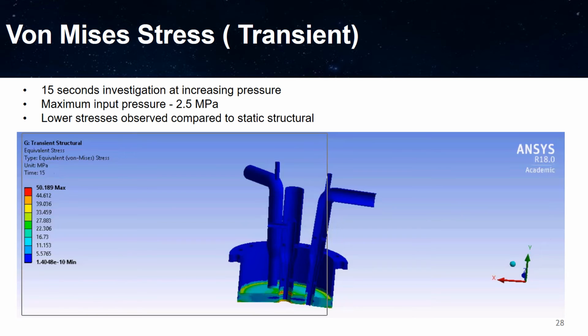That is because in the static structural we were giving a constant 2.5 megapascal load pressure, which was basically the worst case scenario. But during transient, we're increasing the pressure little by little at every single period, so that gives you lower stress.